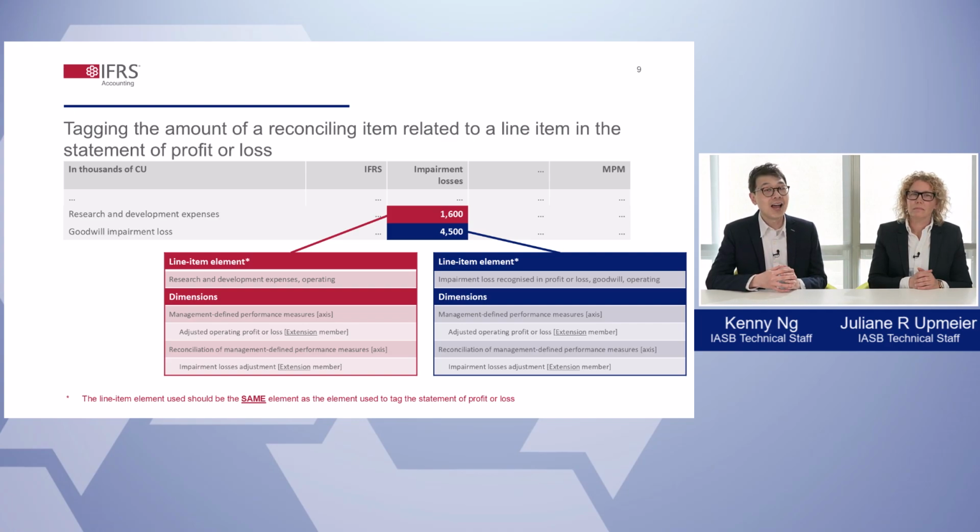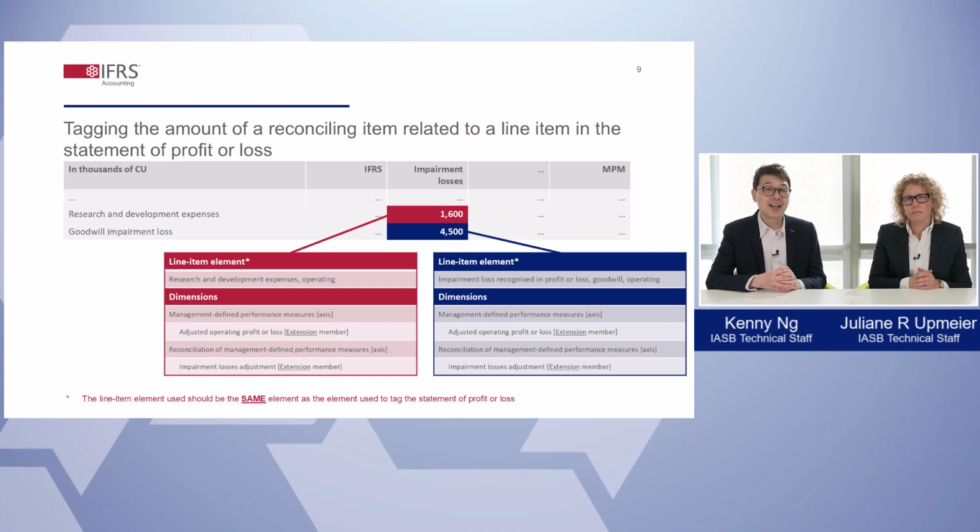For example, as you can see on the slide, the amount of impairment losses related to research and development expenses will be tagged using the line items element for research and development expenses, which means we are reusing the same line items elements used for tagging items in the statement of profit or loss.